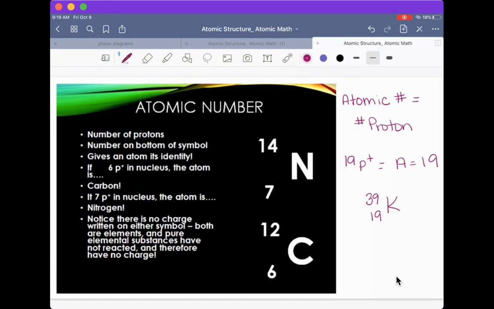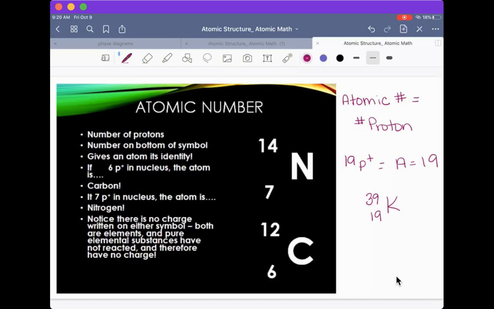The only time that you deal with charges on atoms is when they have undergone a physical change or a chemical change. So that means that unless they have undergone that change, they are going to have a neutral or 0 charge.